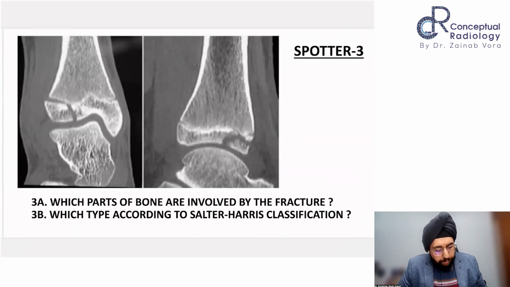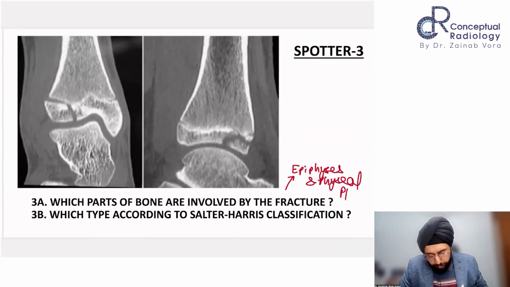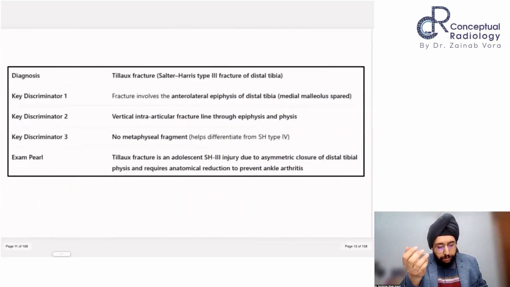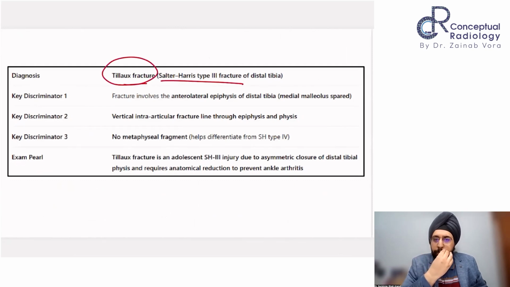The 3. So the first part answer actually involves the epiphysis as well as the physeal plate, but not extending up to the metaphysis. If it would have extended to the metaphysis, it would have gone into Salter type 4. So this is a Tillaux fracture. This is a Salter Harris type 3 fracture of the distal tibia, usually seen in adolescents.